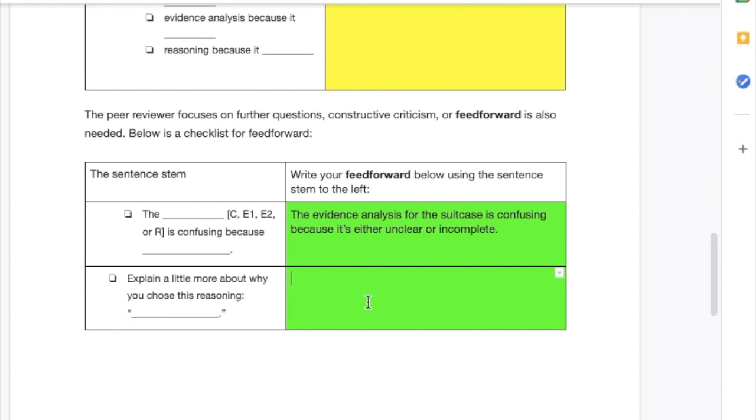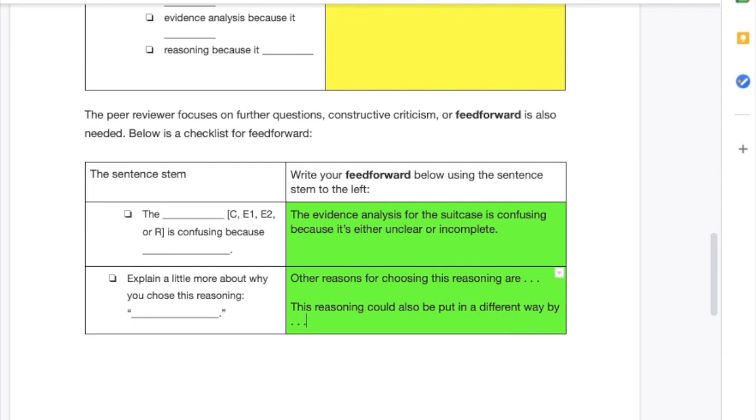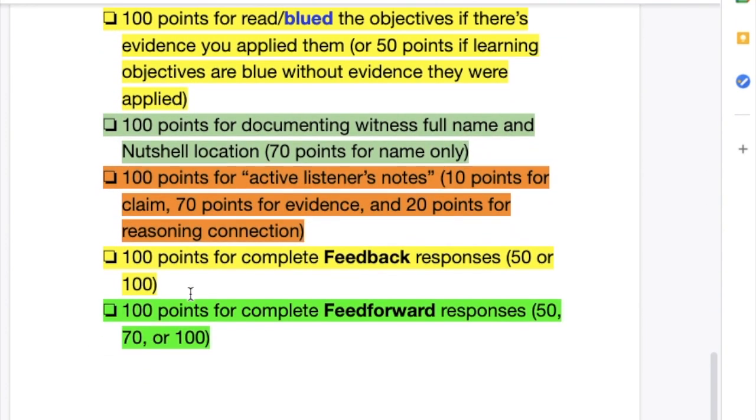Max, if you could explain a little more about why you chose this reasoning. Other reasons for choosing this reasoning are, or I might say that this reasoning could also be put in a different way by, and I could type up what they say on that. All right, and that is the 5th grade.